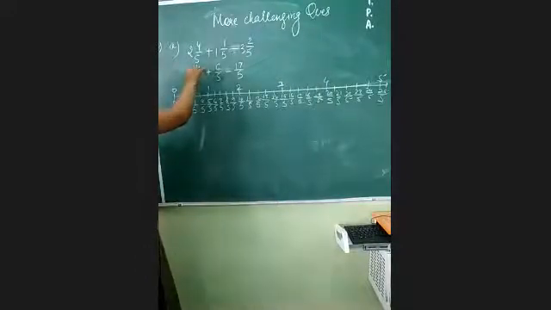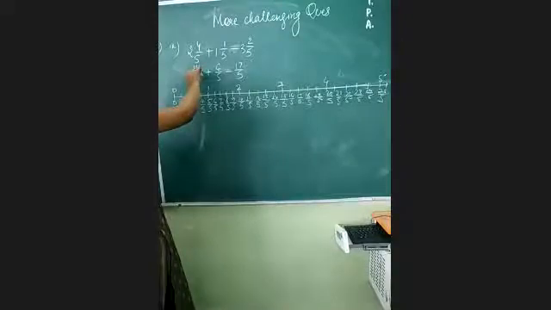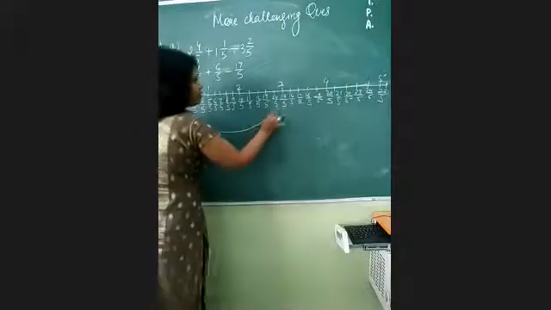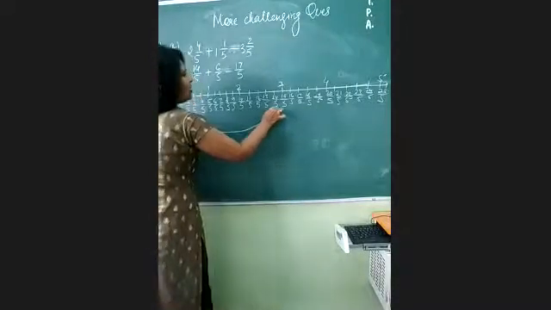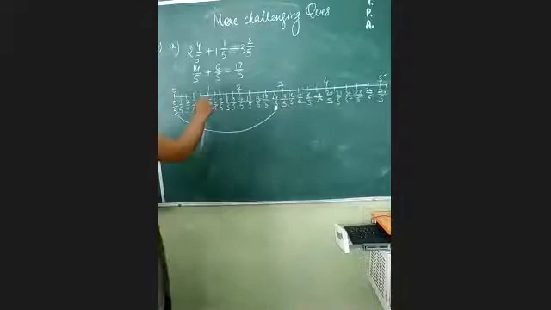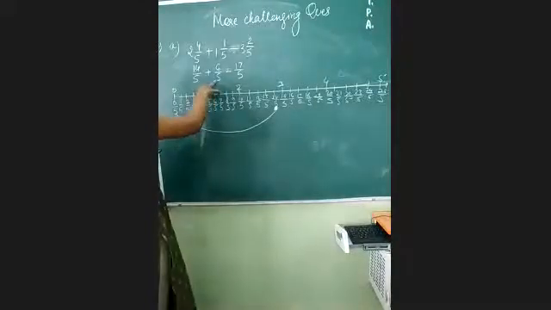We will jump to 14/5 because we have to start our question from 14/5. So I am moving from 0 directly to 14/5. Okay, now I will start my journey from 14/5. Now from 14/5, how much do we need? Plus 6/5. 6/5 means 6 units.